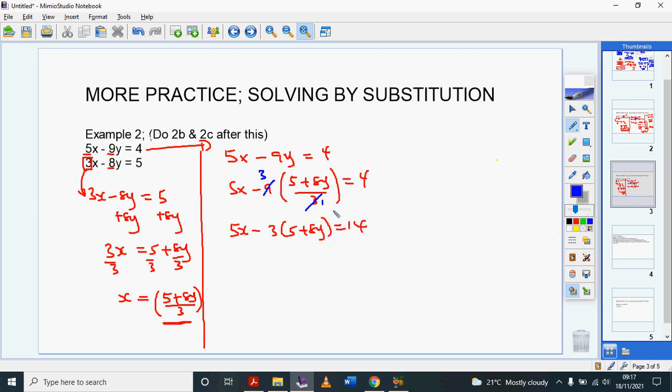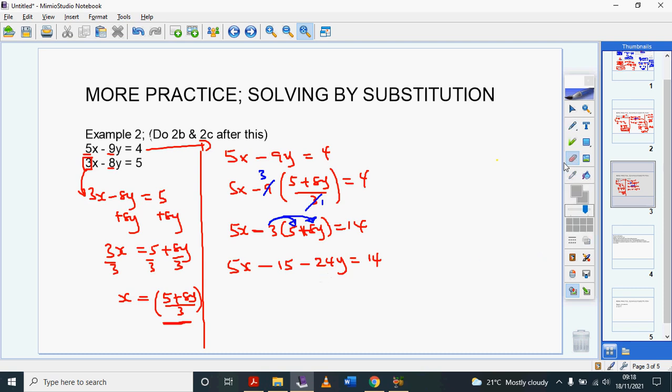So in that state, it's easier to deal with because I'll just distribute the 3 on the inside and end up getting 5x minus 3 times 5 is 15 minus, because of this negative, negative times positive, negative 3 times 8 is negative 24y, that is equal to 14. So I have 5x minus 24, oh sorry, how come I still have, oh man, I made the wrong substitution.